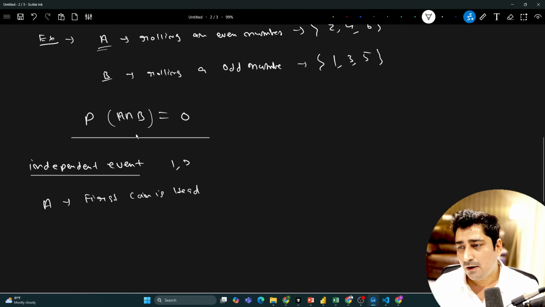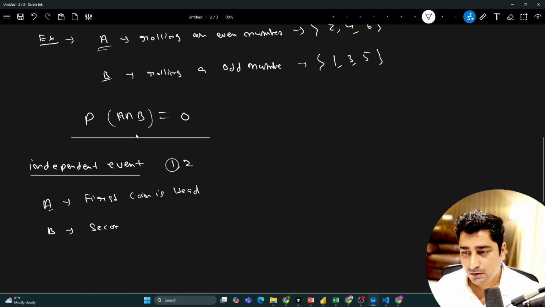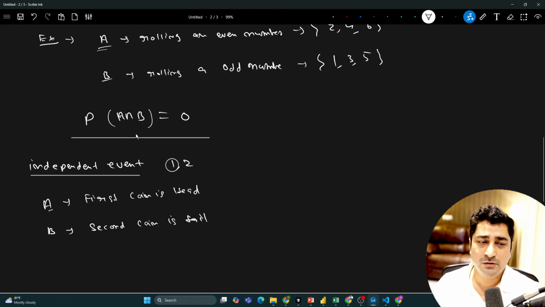The first coin I have flipped, and that is captured by event A: the first coin is head. And if I flip a second coin, the second coin is tail. We can say that both the events are independent. We are flipping 2 separate coins, by the way. So both are independent events.